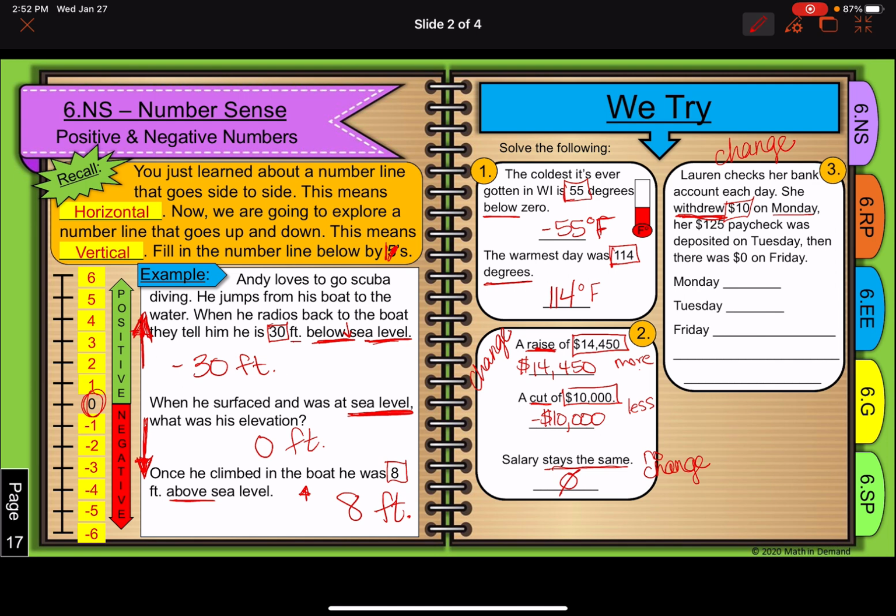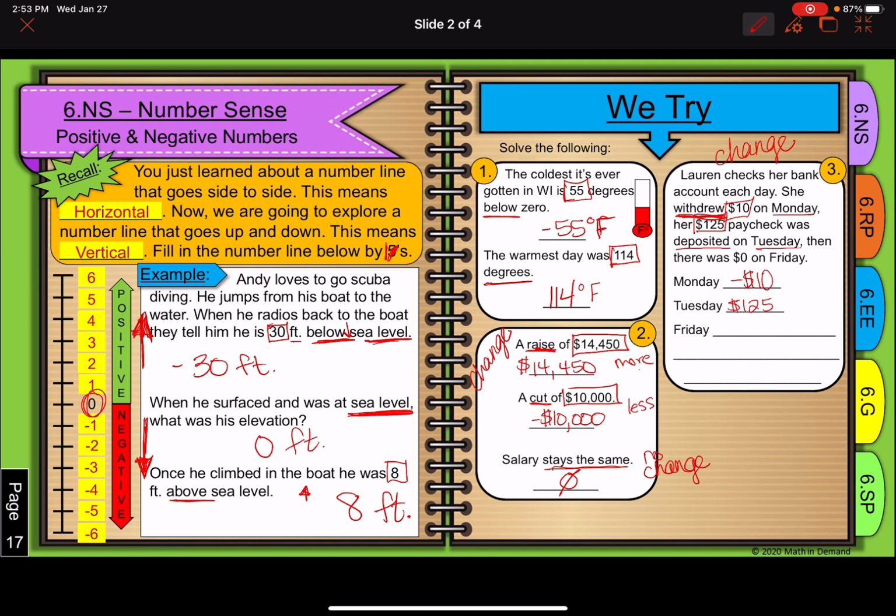So when she sees that show up on paper, it's going to show up as a negative $10 because it came out of her account. But then a $125 paycheck was deposited on Tuesday. Deposited means it goes into your bank account. So that's going to stay as a positive $125.